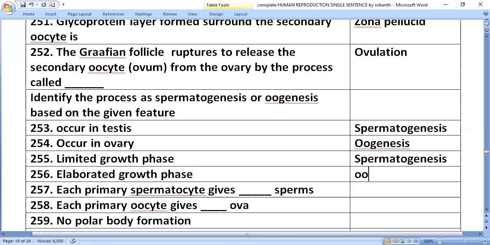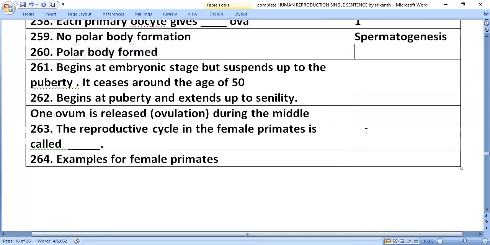Elaborated growth phase: oogenesis. Each primary spermatocyte gives 4 sperms. Each primary oocyte gives only one ovum. No polar body formation: spermatogenesis. Polar body is formed: oogenesis.